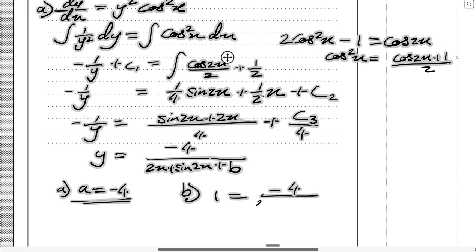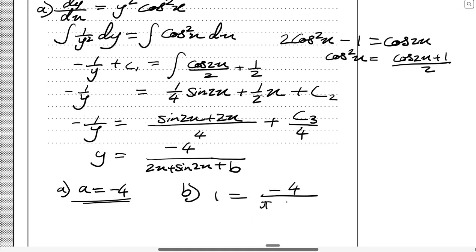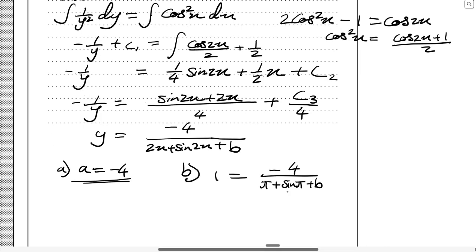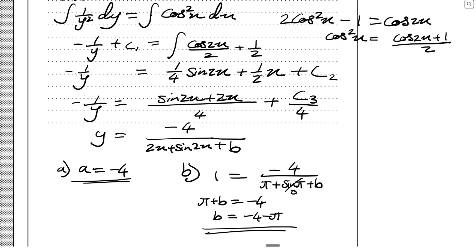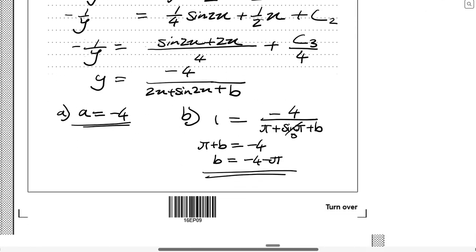Pi over 2. So we have pi plus sine pi plus b, and we know sine pi is just 0. So let's bring that up. Pi plus b is equal to negative 4. b is equal to negative 4 minus pi. And that is our answer.